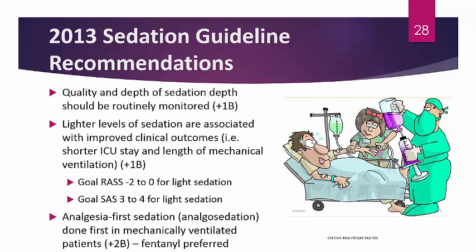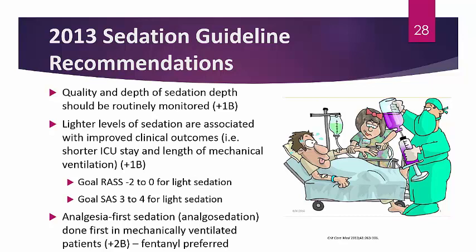As we talked about earlier, lighter levels of sedation are associated with improved clinical outcomes. These can be outcomes such as shorter ICU length of stay or shorter length of mechanical ventilation. That's also a positive 1B recommendation. In terms of the goal for lighter sedation on the RASS and the SAS scales, a goal RASS of -2 to 0 and a goal SAS of 3 to 4 are what are considered light sedation.